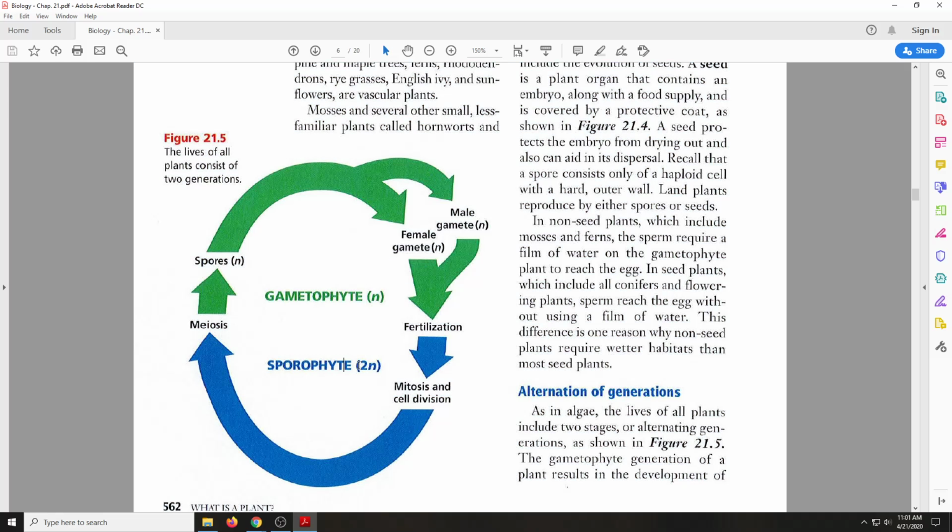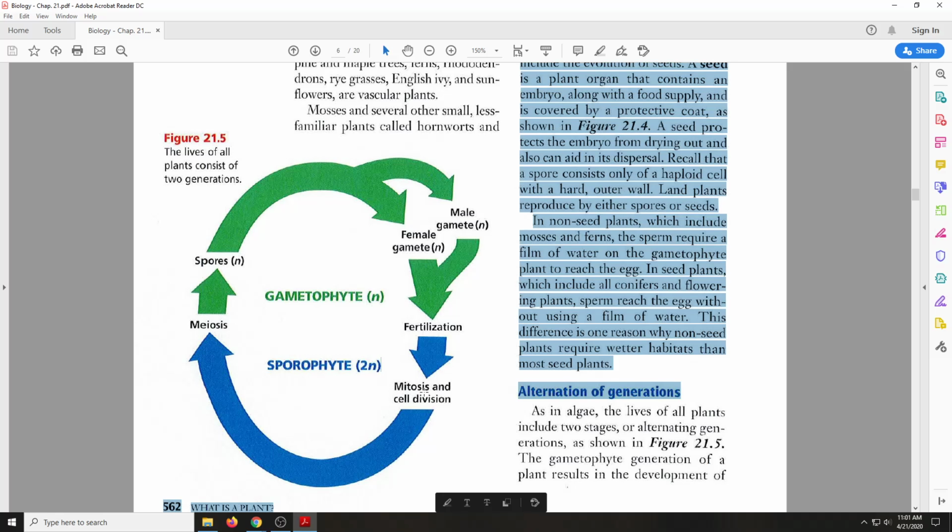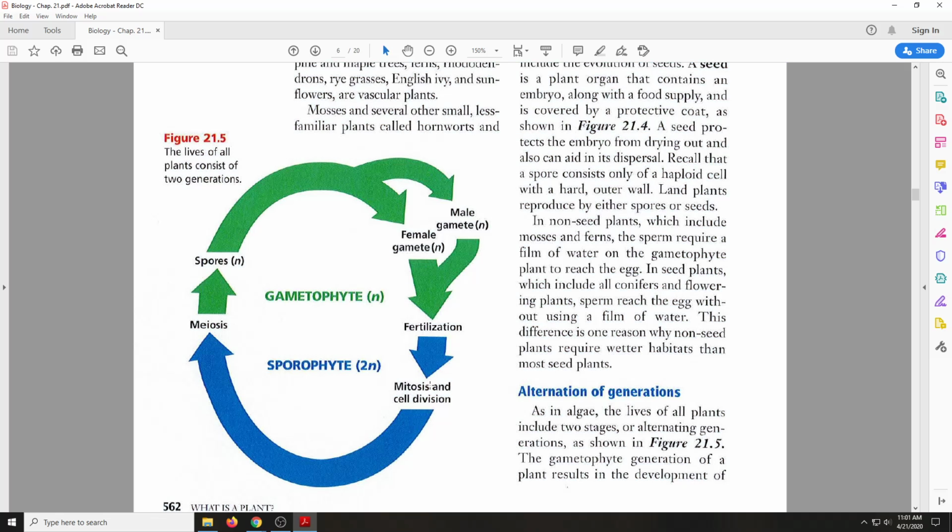All cells of the sporophyte have 2n chromosomes. These reproduce by mitosis. The spores are produced in the sporophyte part of the plant by meiosis and are therefore haploid.